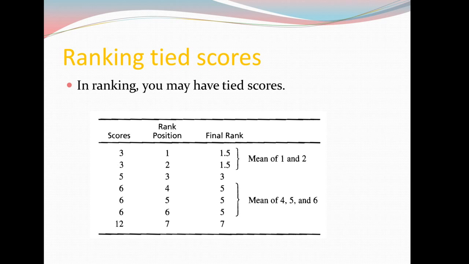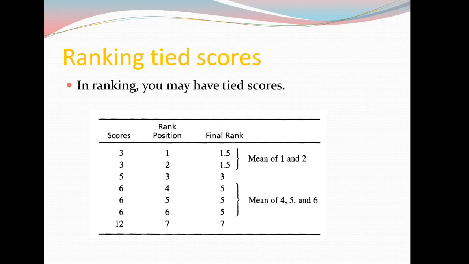One thing you should be aware of is ranking tied scores. Sometimes you will have tied scores, like in this example, you have 2 scores of 3 and 3 scores of 6. When that happens, one way to handle it is to take the mean of the rank of those numbers.